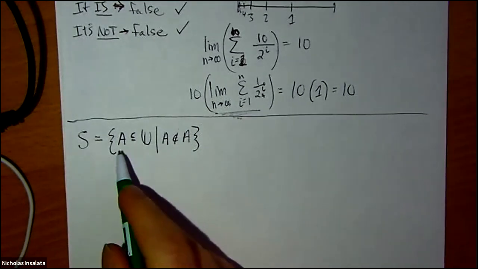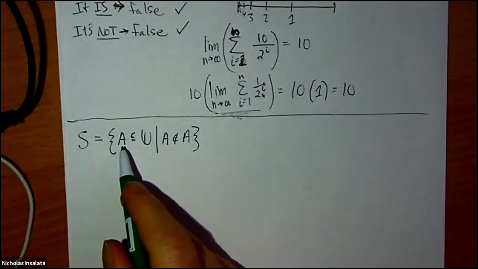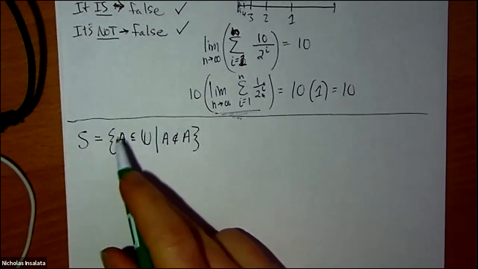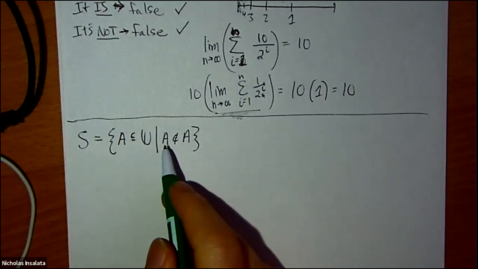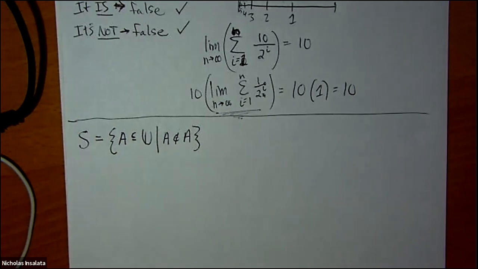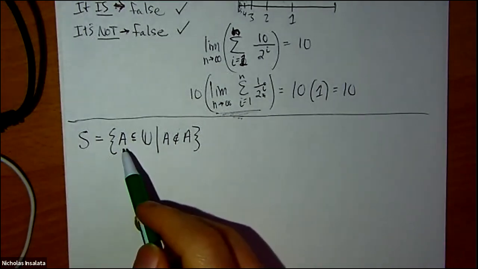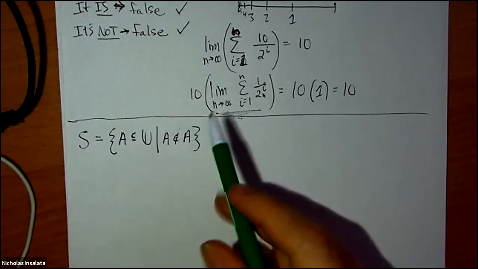So S is going to be a set of sets, and these A's, the things that together build up S, those are also sets of sets. So S is like a set of sets. Okay, so it's a little complicated, so let's go through it slowly.